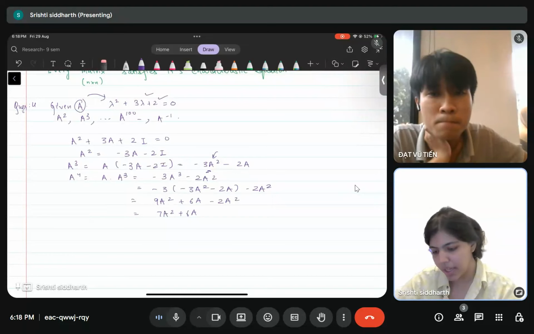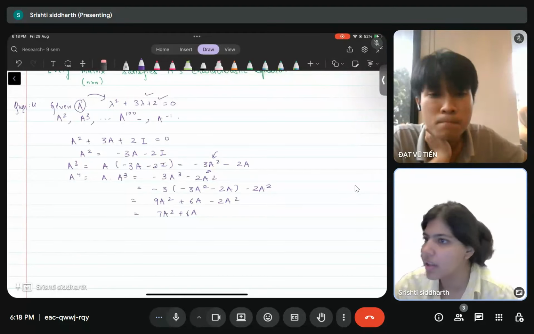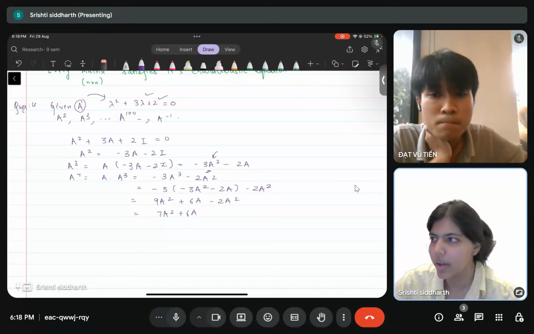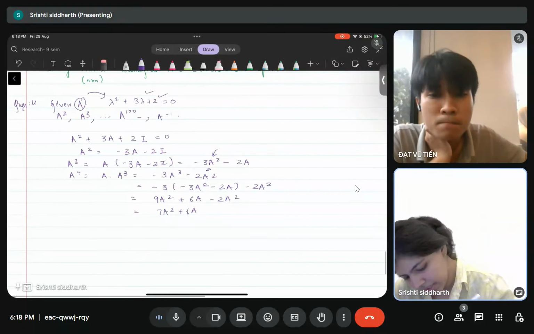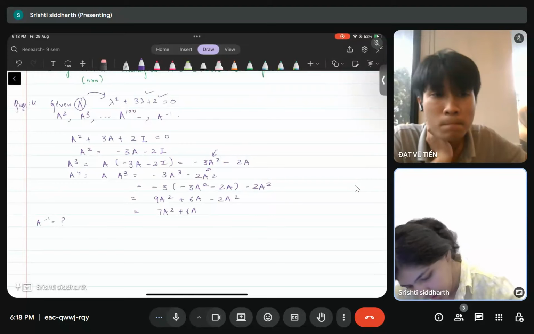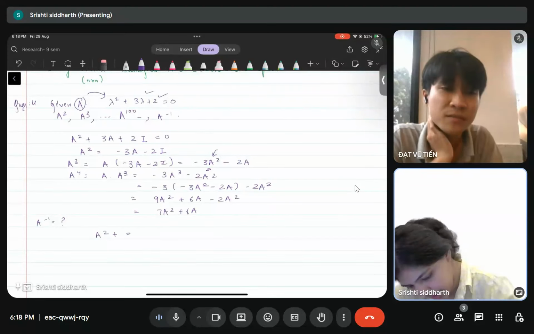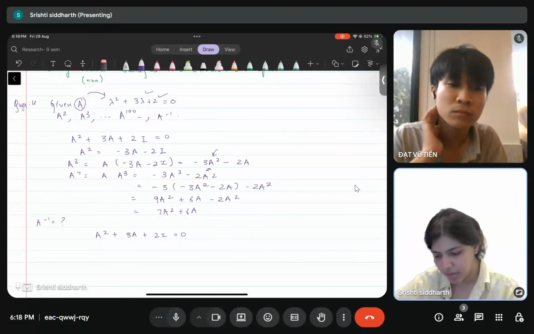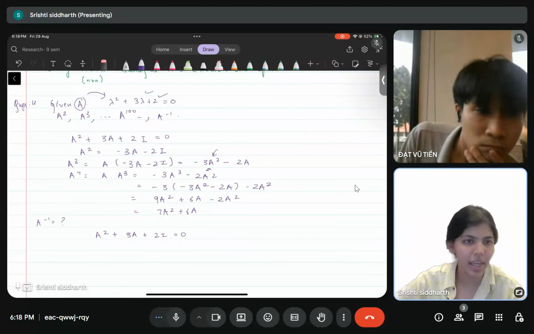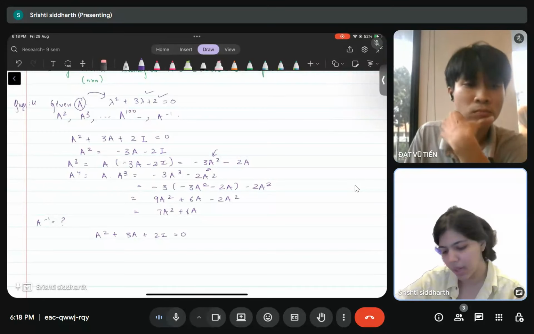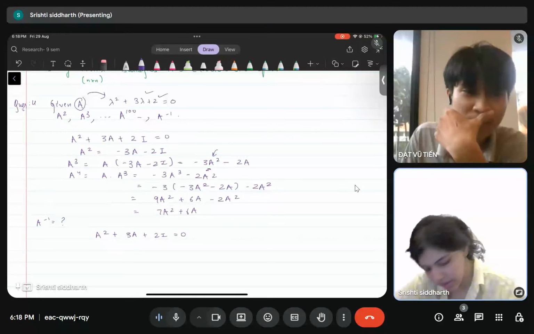And now if we want A inverse, let's start with the characteristic equation. This is A squared plus 3A plus 2I equals 0. Let's assume that A is invertible, so we can multiply by A inverse on both sides.